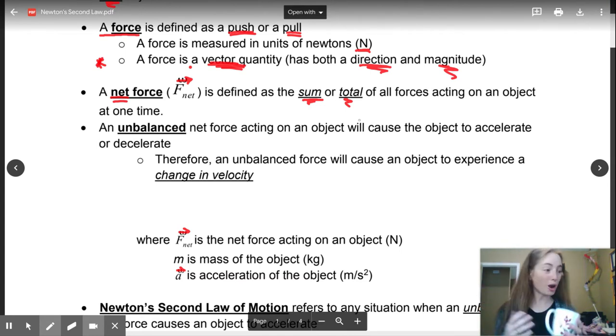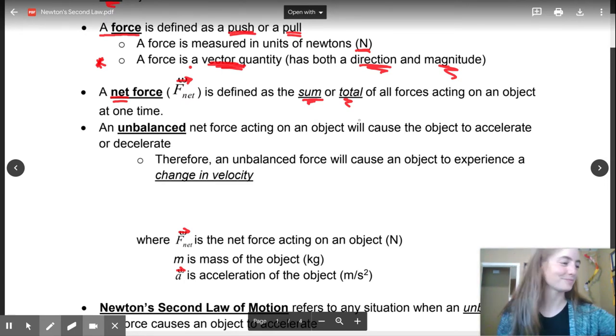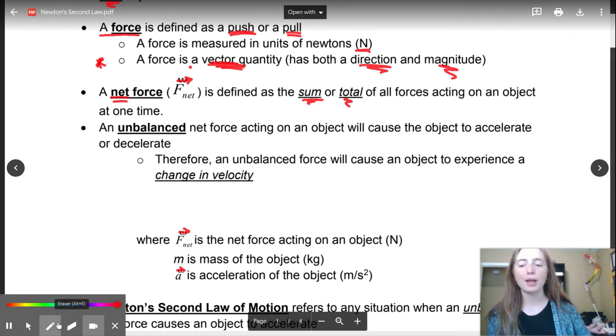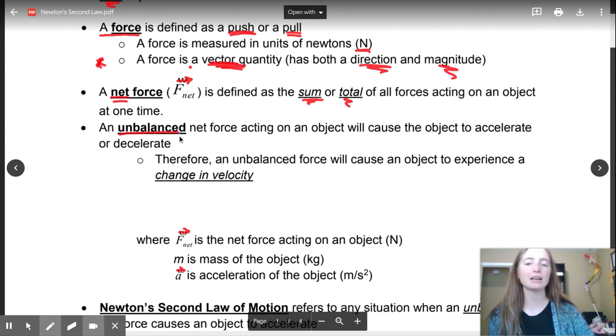Now, if I dropped the mug, it would break, which I don't want to do. But if I dropped it, we would have a net force going downwards. So thinking about that mug example, I give you both examples of unbalanced and balanced forces.